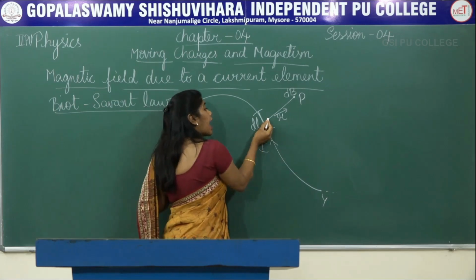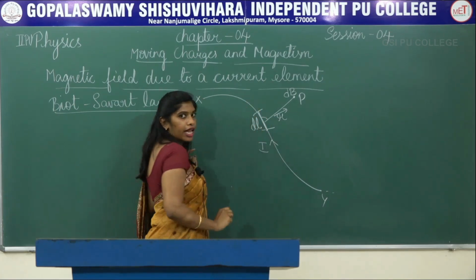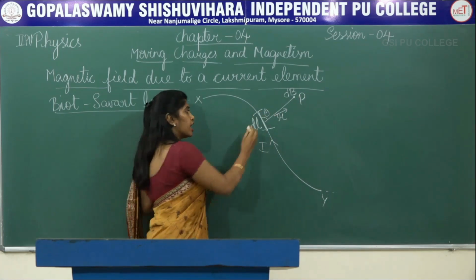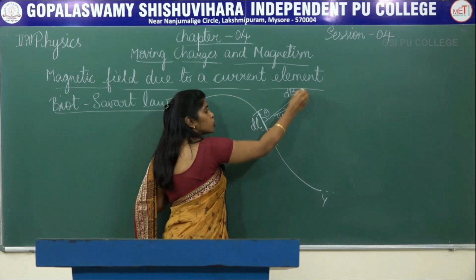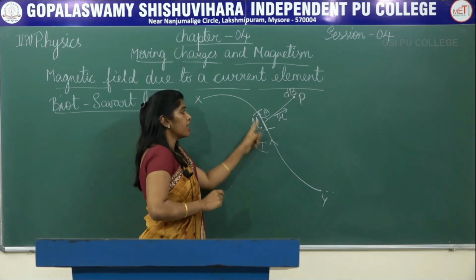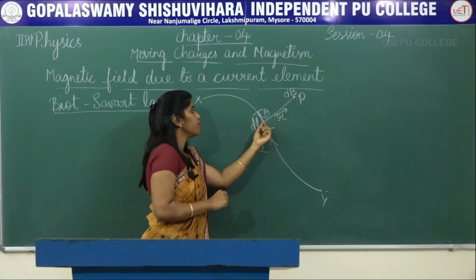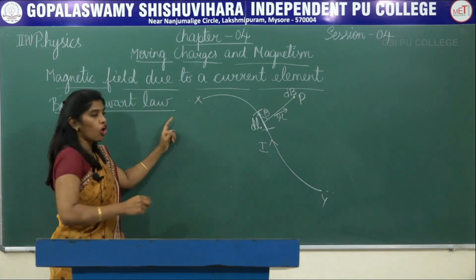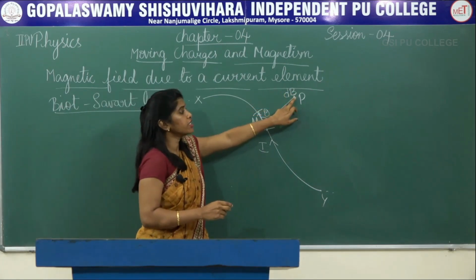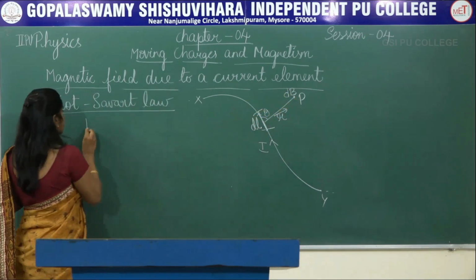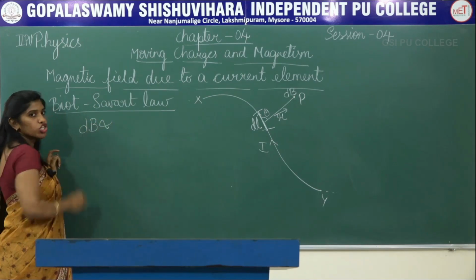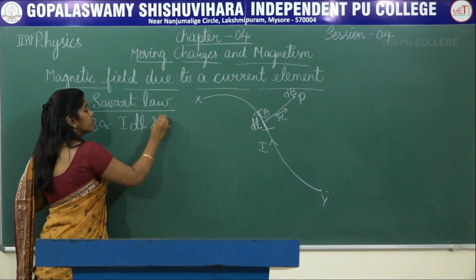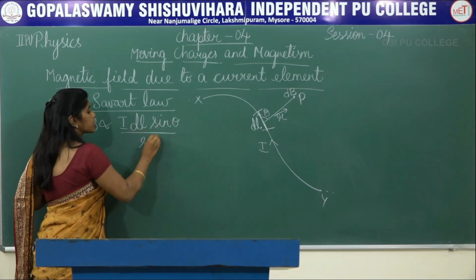The angle between this current element and the position vector will be considered as theta. As you know, both are vectors, the position vector and the length vector, and the angle between them will be theta. Now, according to Biot-Savart's law, the magnetic field at this point P is given by dB proportional to I dl sin theta by r square.